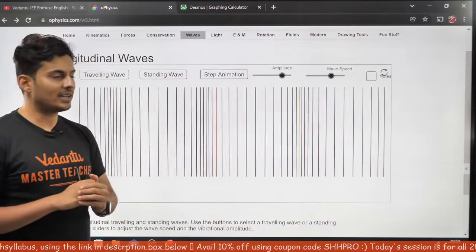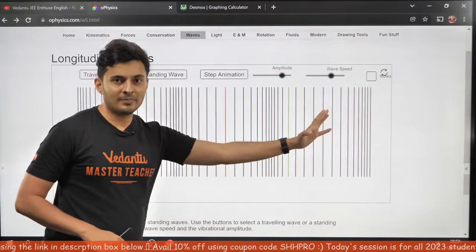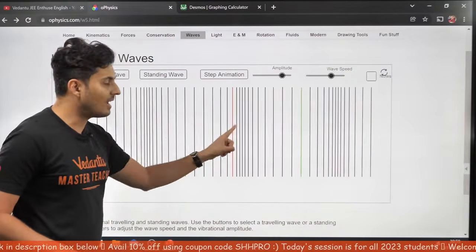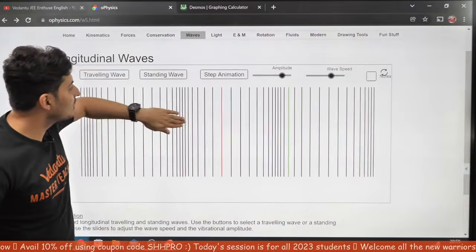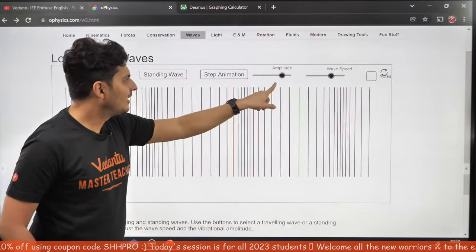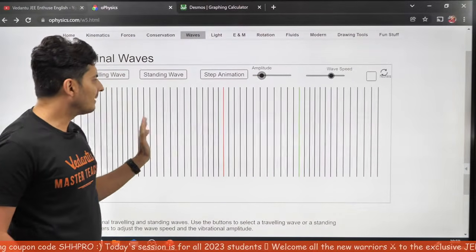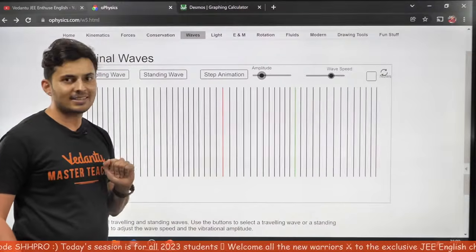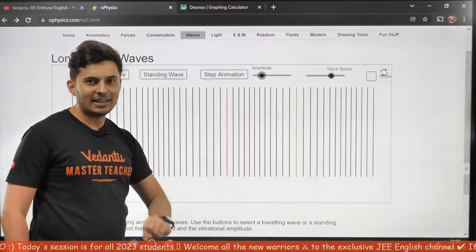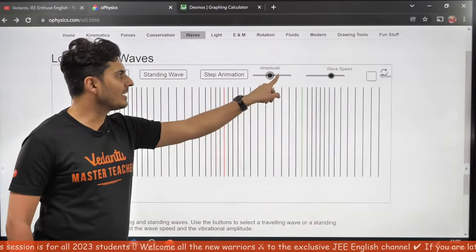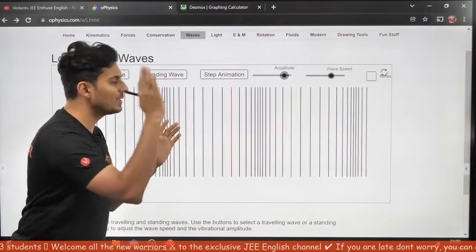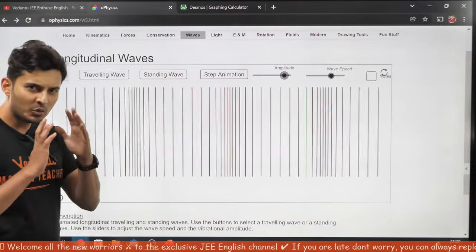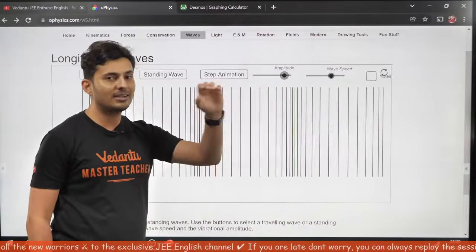Compressions and rarefactions, both of them will travel in that medium. And the pressure is also changing. If I reduce the amplitude, the variations in the pressure are less. The displacement of the particle is also less. If I increase the particle's amplitude, you can see the variation in the pressure is also more. So even the pressure travels.